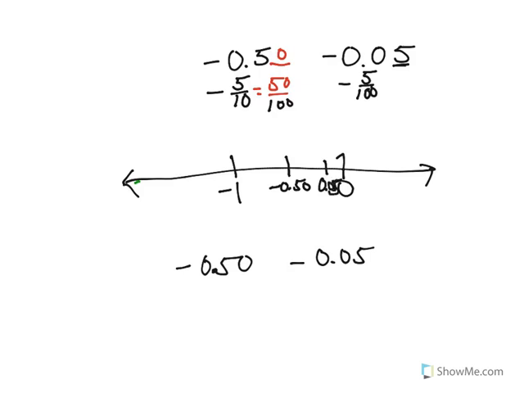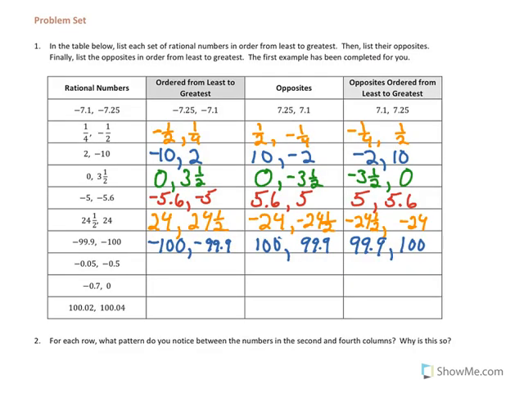So now, which one is less than and which one is greater? Negative 0.5. So 1/2 is actually less because it was to the left of the negative 0.05. That one's probably complicated. But you know this one.